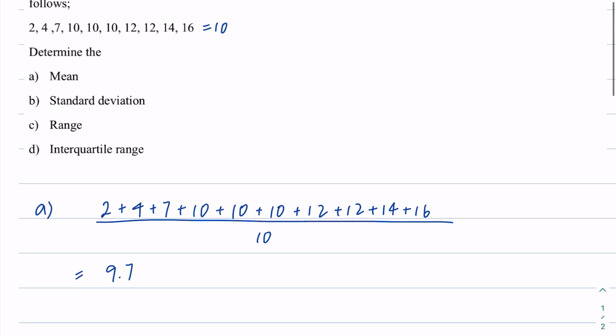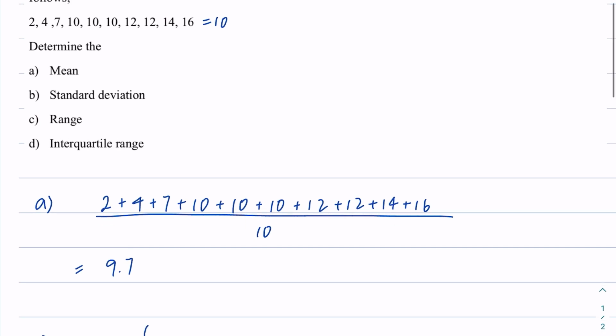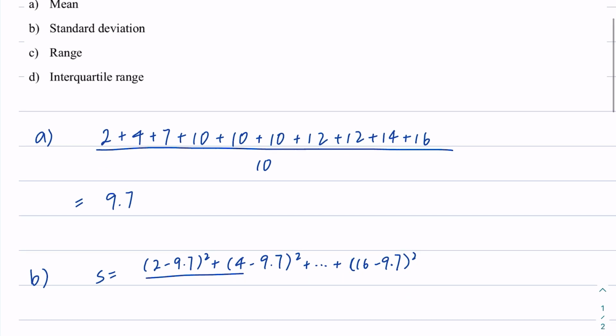So the standard deviation is equal to 2 minus 9.7 squared plus 4 minus the mean 9.7 squared, and the following numbers use the same method. Add up all together and divide by 10 minus 1, and we take the square root.